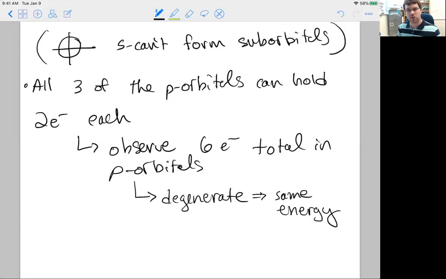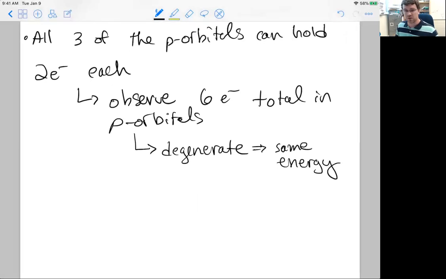So if an electron has a choice between a px, a py, and a pz, it's going to pick one that has the lowest energy. And we'll look at that more in electron configuration later. But because these three orbitals are degenerate, or of the same energy, the electron's not really going to be able to tell the difference. It's just going to pick one at random. Degenerate, the same energy. That's why we appear to observe 6 electrons at the p energy level.